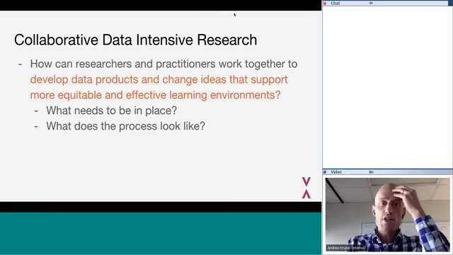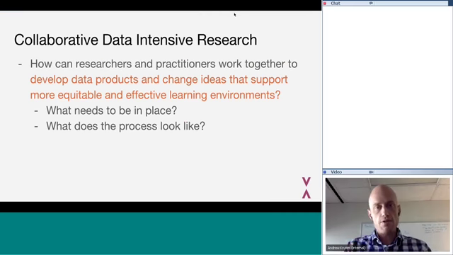The general idea is, in this role as researchers, which many on the call are, and practitioners being in separate organizations, the goal of this endeavor has been to answer this question: how can researchers and practitioners work together to develop data products, so these measures that Alicia was talking about, and then change ideas.